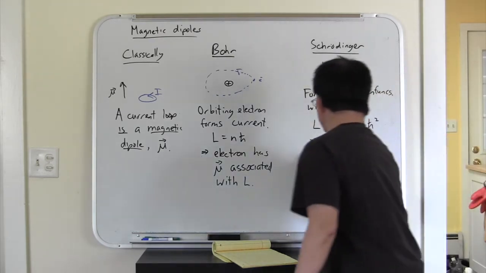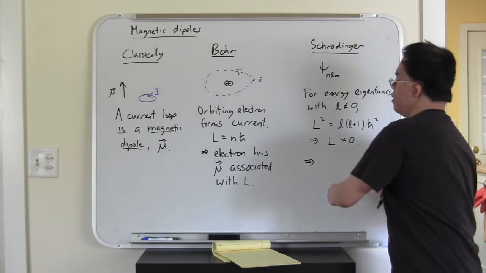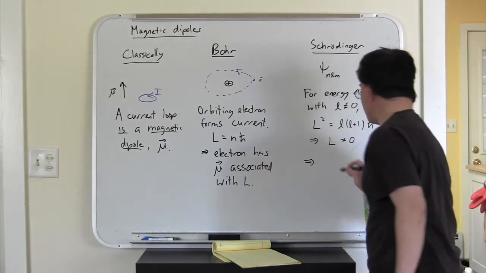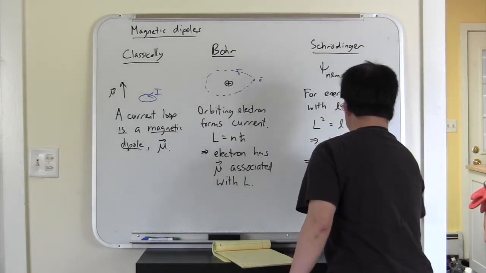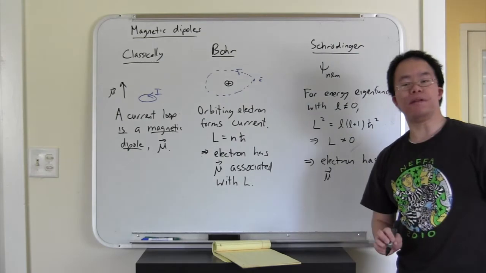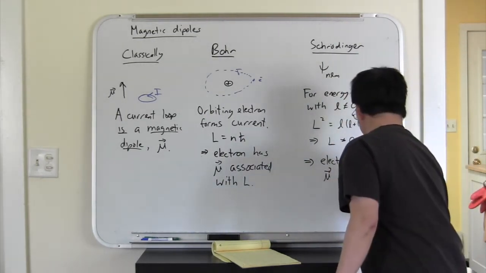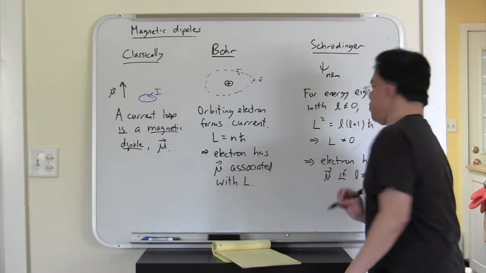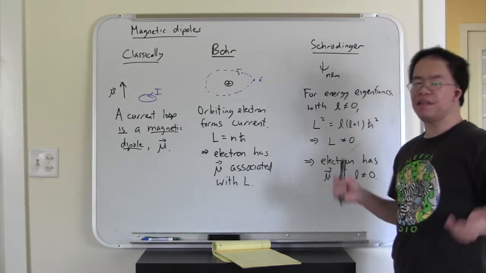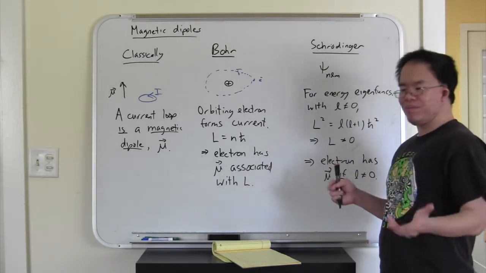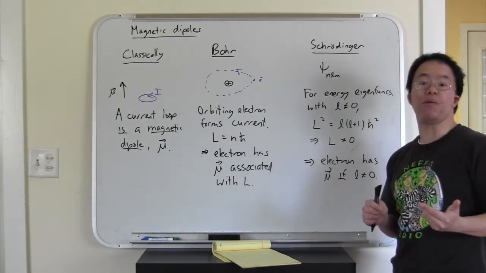And so what we can conclude is that the electron should have some magnetic dipole moment. Following this kind of logic, the electron has a magnetic dipole moment if that quantum number l isn't 0, because then it does have some orbital angular momentum, and you can think of that orbital angular momentum as being associated with a magnetic dipole moment.